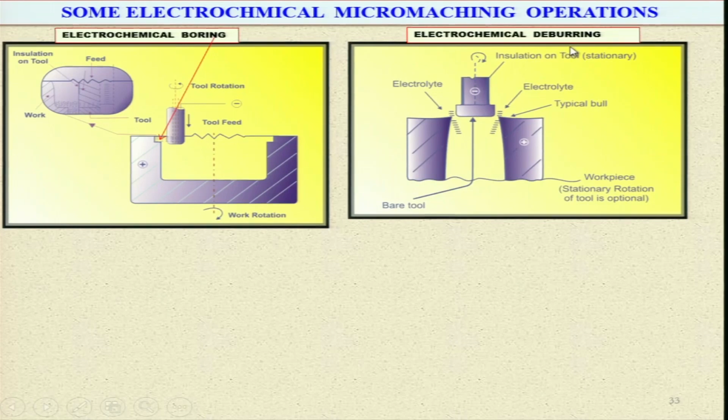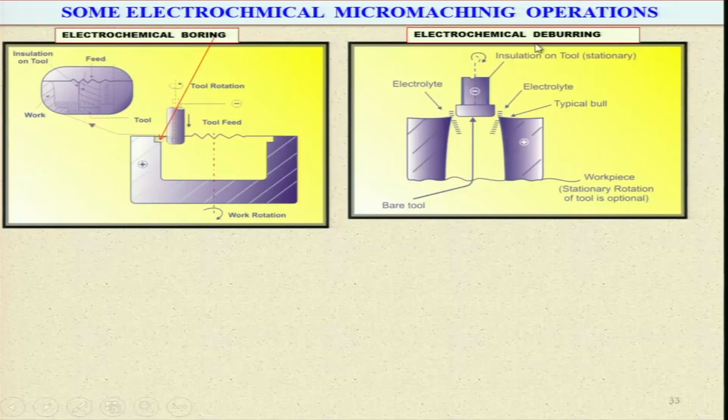Then electrochemical deburring, a very important operation. Now, burrs are formed when you have conventional drilling, conventional machining, or conventional milling processes. How to remove those micro burrs? You can use the electrochemical micro deburring process. This is the tool, this is the micro burr, and electrolyte is flowing.